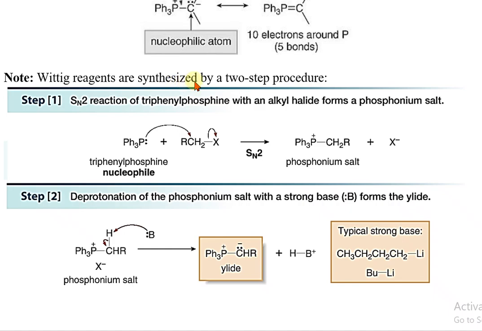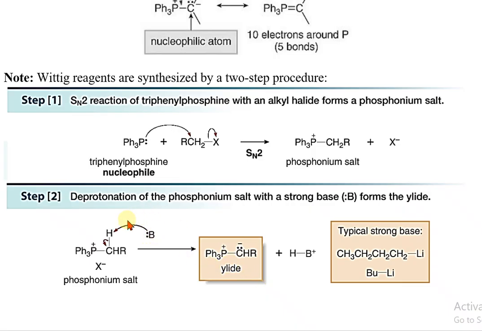Wittig reagents are synthesized by a two-step procedure. We start from triphenylphosphine, which reacts with an alkyl halide by an SN2 mechanism to give you the phosphonium salt. Secondly, the phosphonium salt loses a proton to give you the ylide.